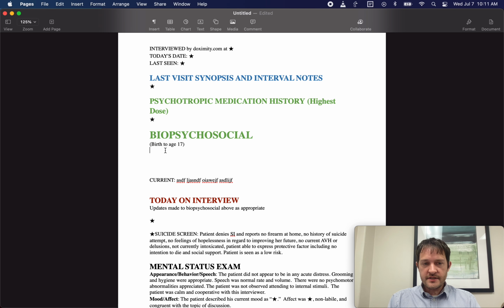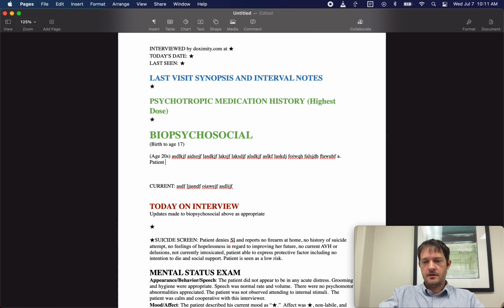But each patient might have some really significant other information that needs to be included. You don't always want it to be mixed in with age 20s and so on, because it could be hard to find. So you could just put something like, patient diagnosed with stage 3 brain cancer, just as an idea, and then put it below.